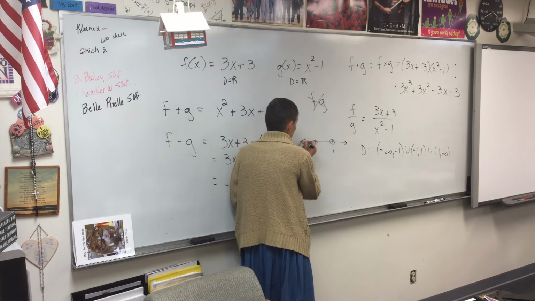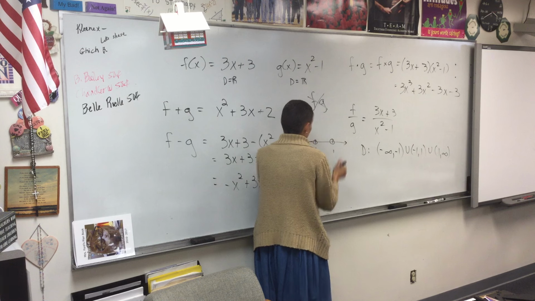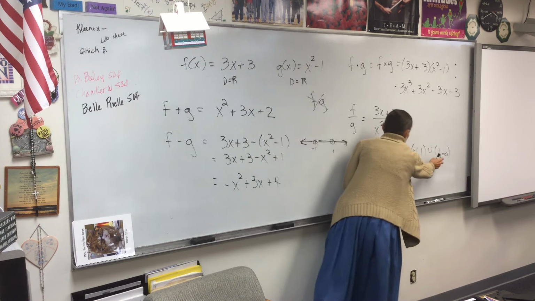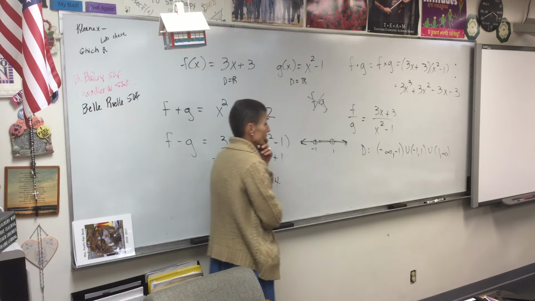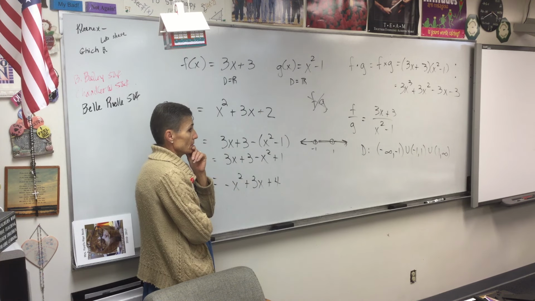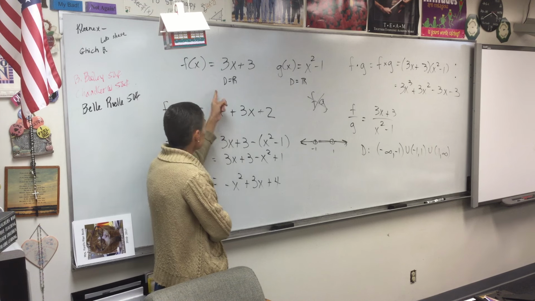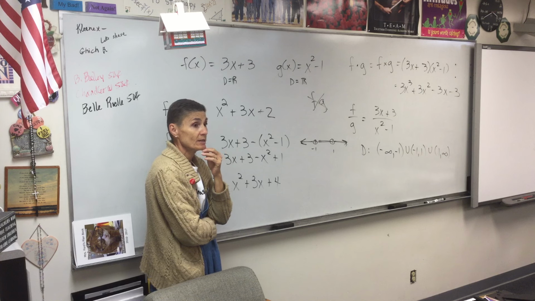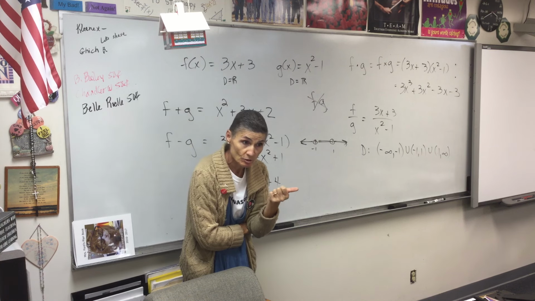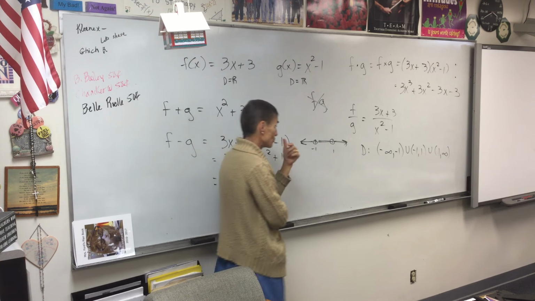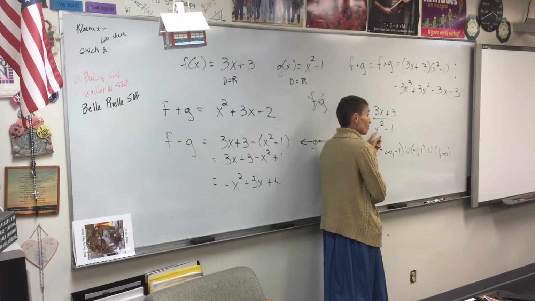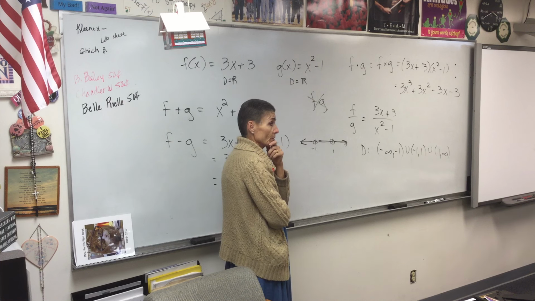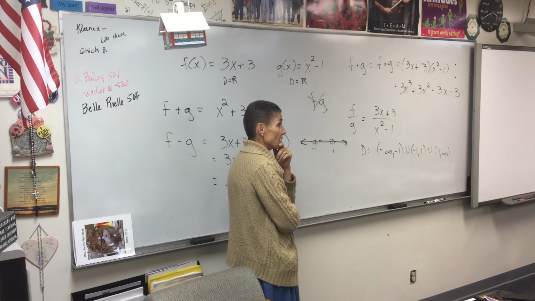So X could be this, X could be this, or X could be this. Adding, multiplying, and subtracting did not change the domain because we didn't introduce any radicals or any fractions. As soon as you put a fraction in, now your domain is no longer all real numbers. You okay with that? All right.